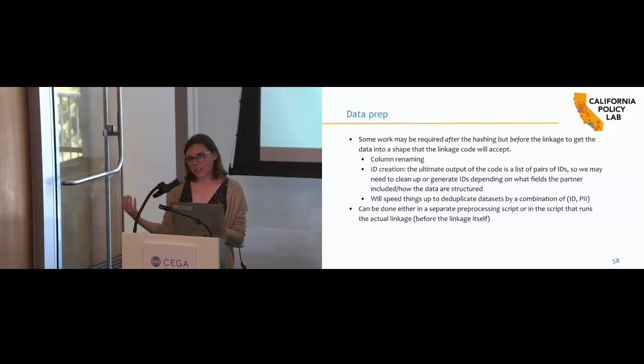Not every agency will have their own identifier, so you may need to create your own using a row number or something similar if that is the case. Also, having an ID like that can help you speed things up by identifying cases where there might be multiple matches.